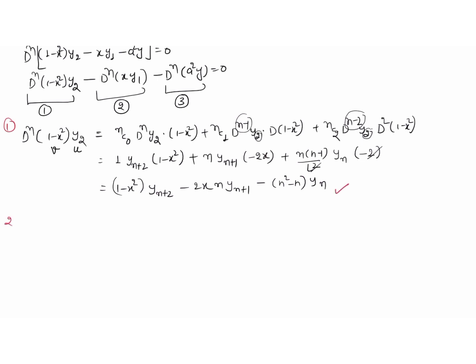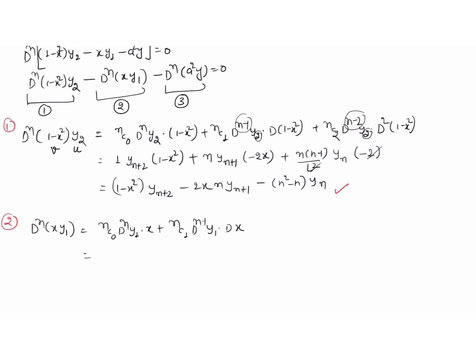Now, from the second term, simply solve this. Dⁿ of x y₁: apply Leibniz, nC0 Dⁿ(y₁) with x there, plus nC1 Dⁿ⁻¹(y₁) D(x). No need to write the next term because it will become 0.